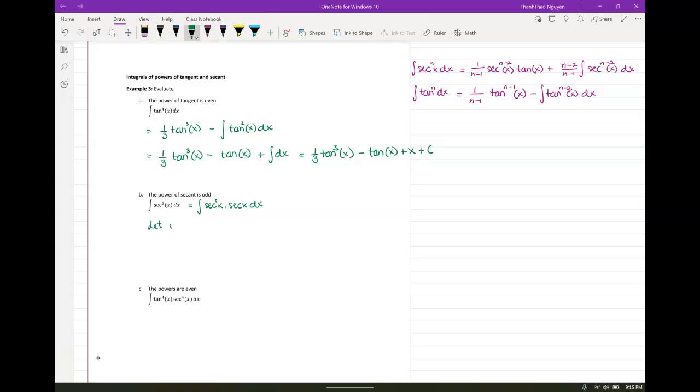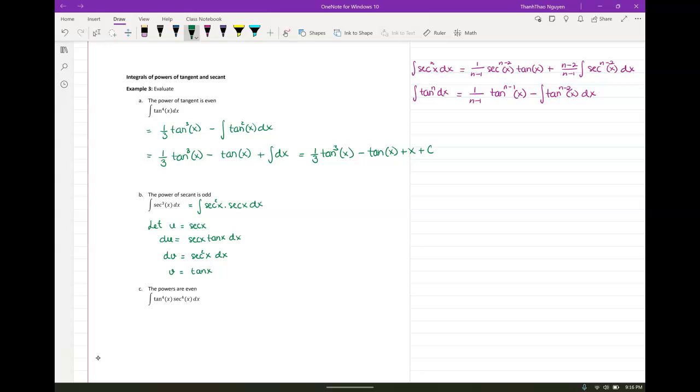Let u equal secant of x, du equals secant of x tangent of x dx, and let dv equal secant squared of x dx. This means v equals tangent of x.